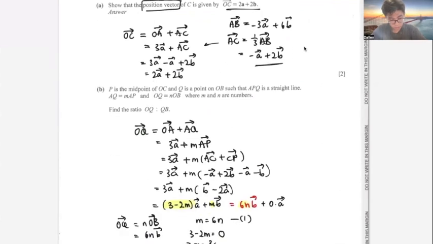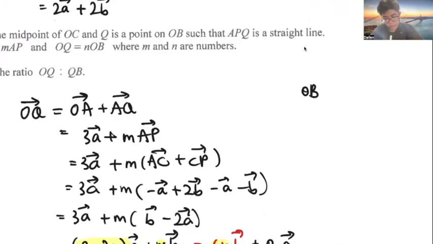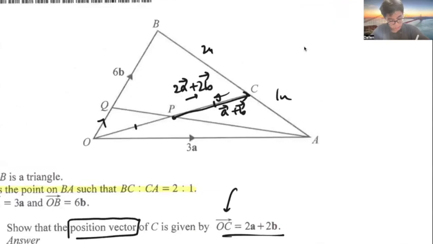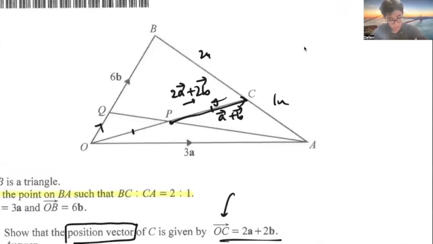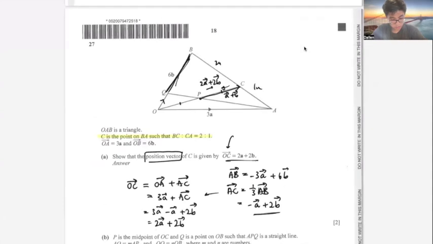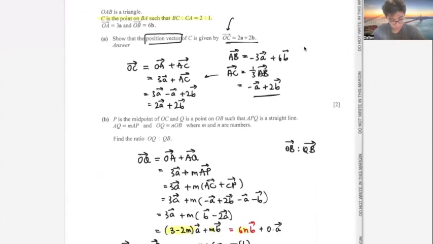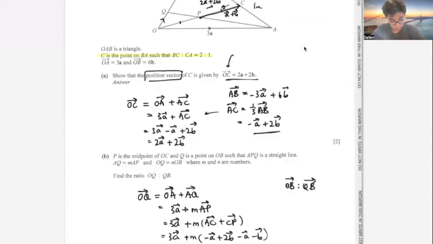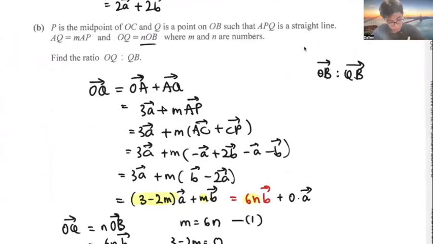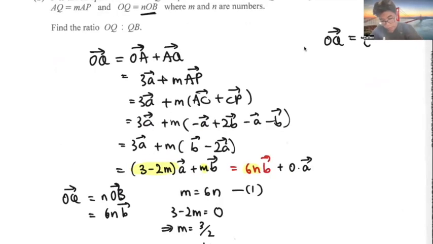Okay. So we're interested in OQ to QB, right? You can use this value. We know that OQ is equal to 1/4 of OB, correct?